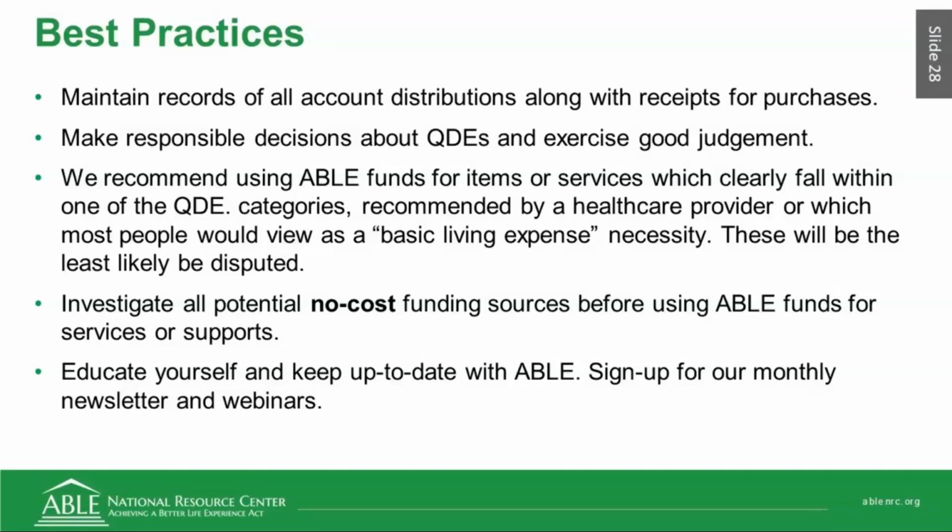Okay, all righty. Thanks, Miranda. Some of the best practices are always maintain records and receipts for account distributions. It's so important. I can't encourage you enough on this first bullet. Although, as Jim had said earlier, it seems unlikely that the IRS will audit ABLE accounts, there's always that possibility that something like that could occur, and you want to be prepared if it happens.